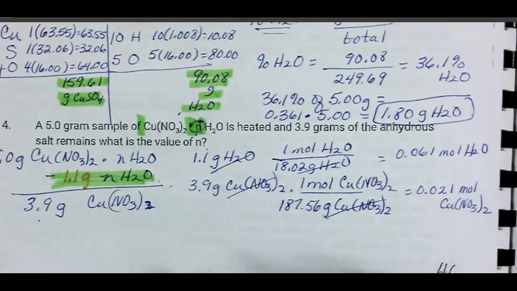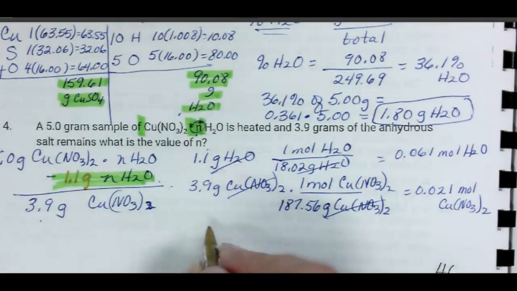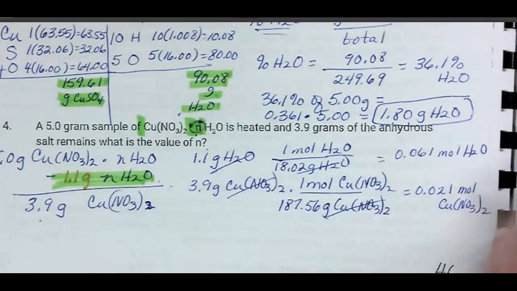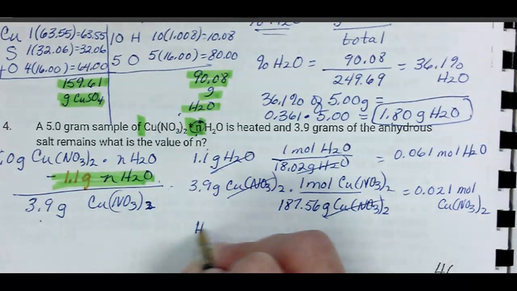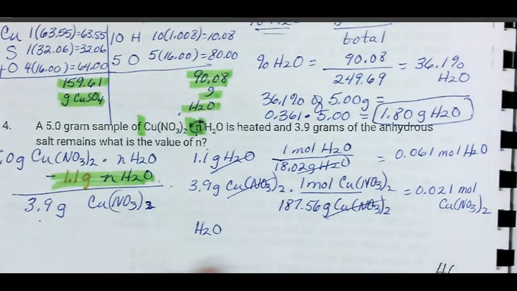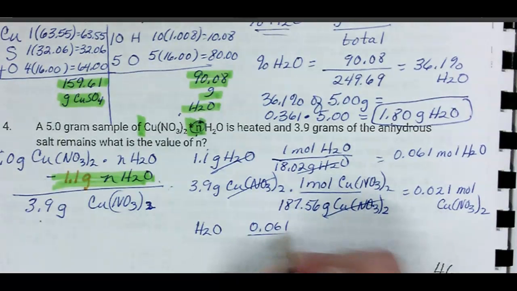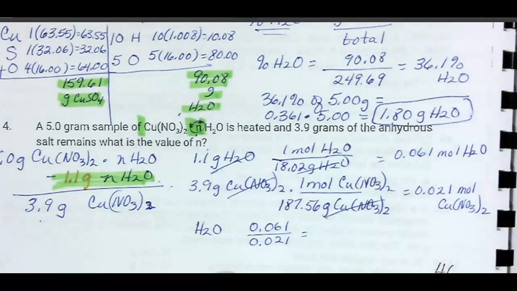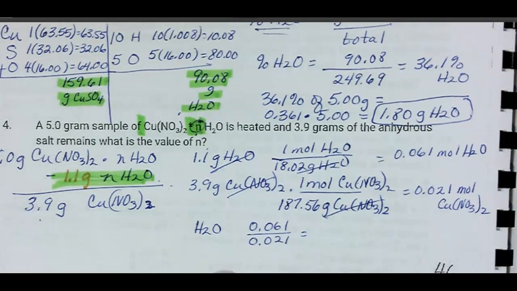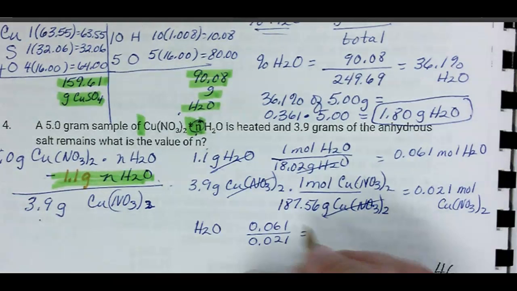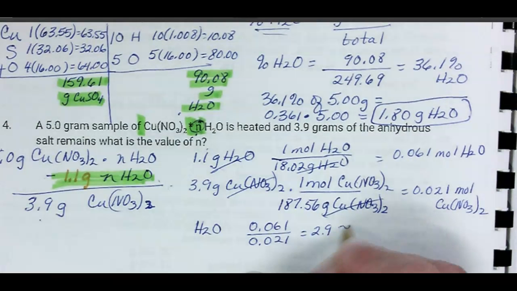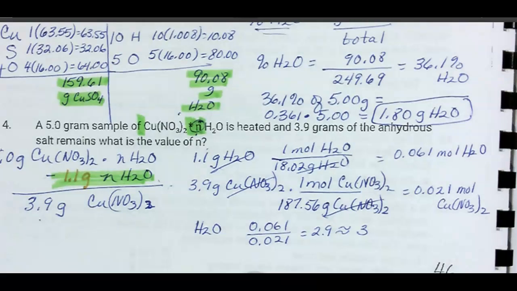Now, of course, the next step is the mole ratio. Pick which one of these is the smallest. In this case, H2O is going to be 0.061 divided by 0.021. And when I divide that out, I should get roughly about 3. So I get 2.9, but I can approximate that to a 3.